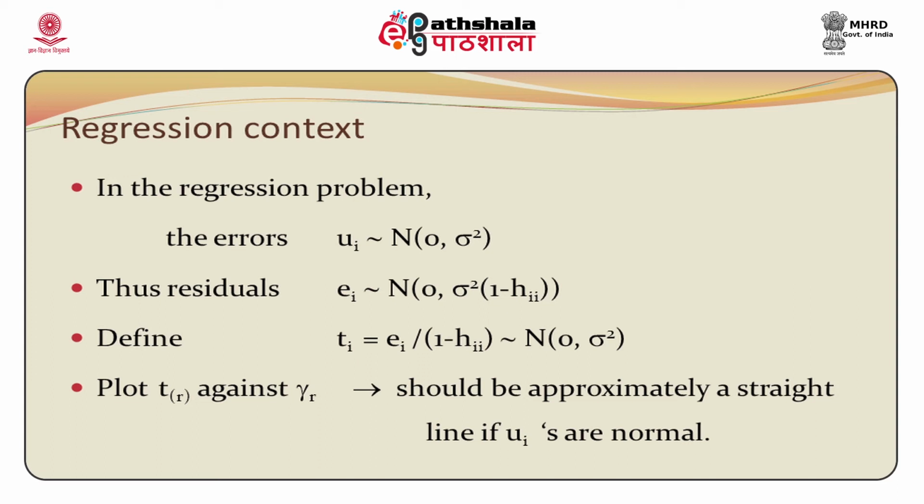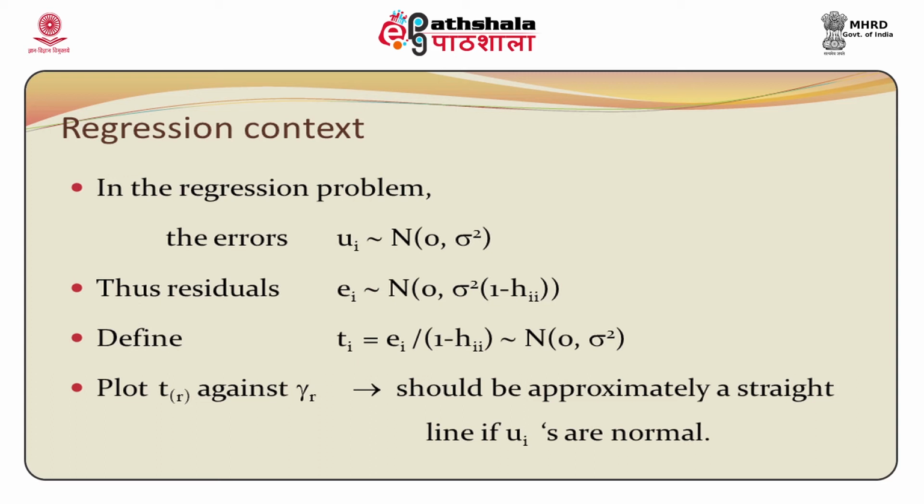So, e_i actually is normal, therefore, we define t_i to be e_i by root over 1 minus h_ii, and you can multiply this by s_i if you want, which is the variance, and you get the normal distribution. So, if you do not divide by s, you have a normal distribution with mean 0 and variance sigma square.